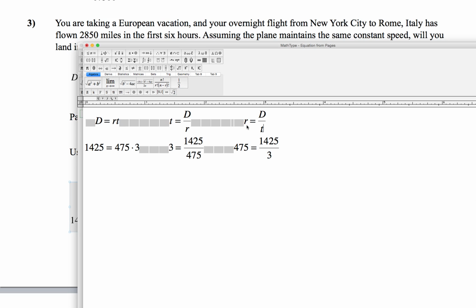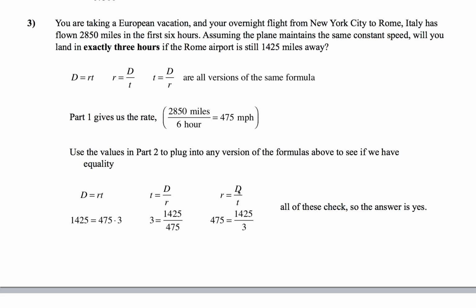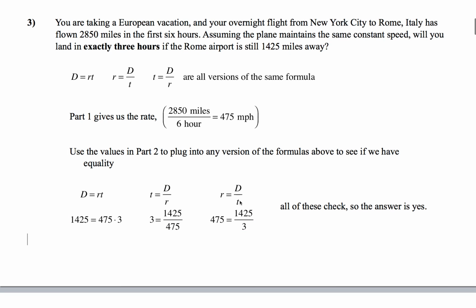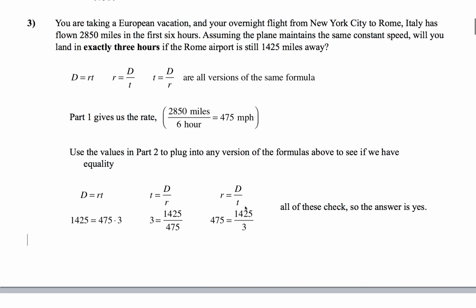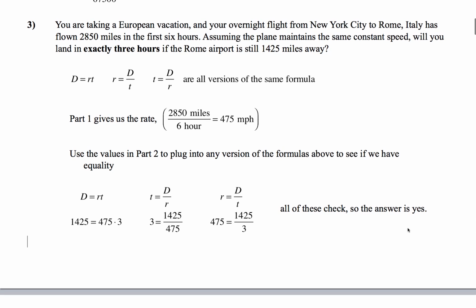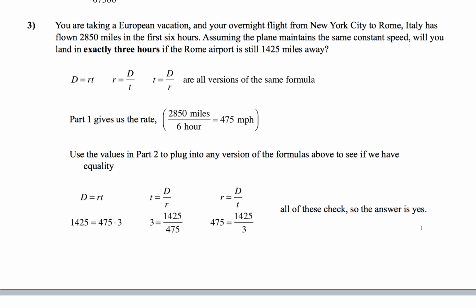Likewise, if you substitute 475 miles per hour for the rate, you divide the distance 1,425 by the time 3, as you see here, then that'll be an equality. And so all of these check, and so the answer is yes, you're going to make it.